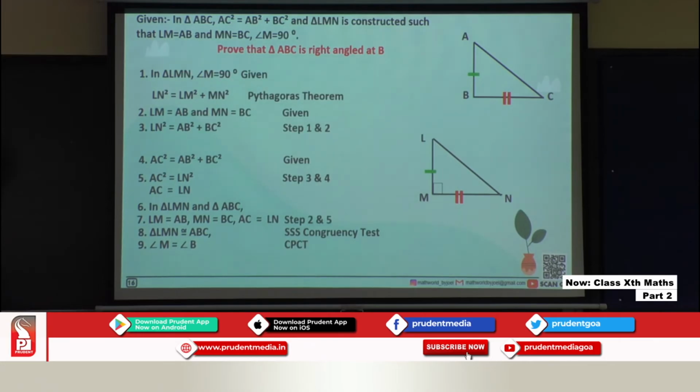Because of CPCT, corresponding parts of congruent triangles, we can say that the angles are congruent. So, angle M was 90, therefore angle B will also become 90, and that is how we prove this converse of the Pythagoras theorem, right?